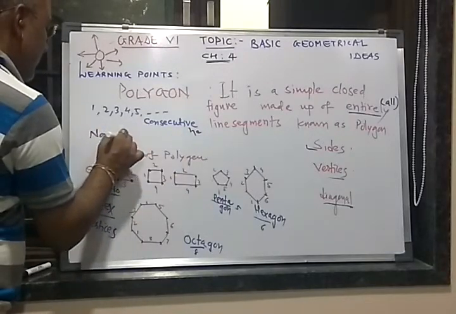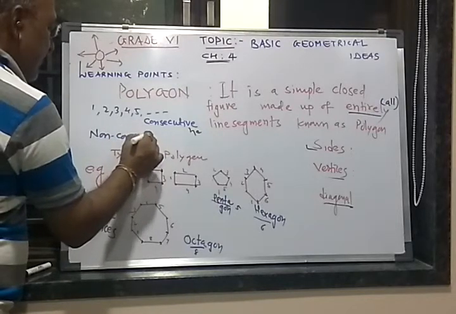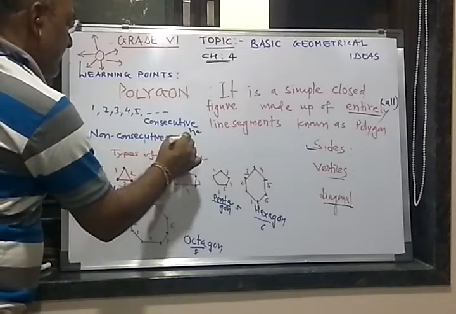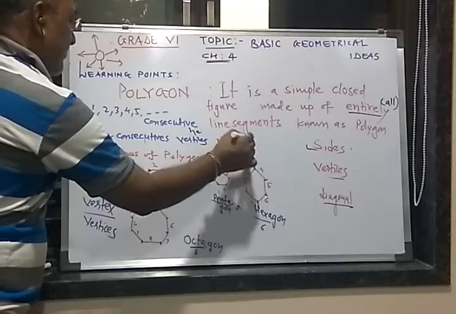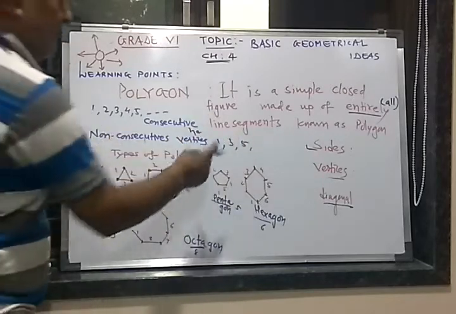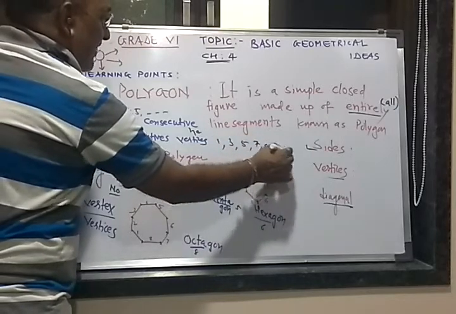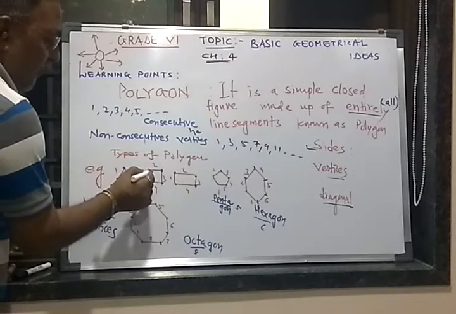Non-consecutive means leaving one: 1, then not 2 but 3, not 4 but 5. You see, joining of non-consecutive vertices.